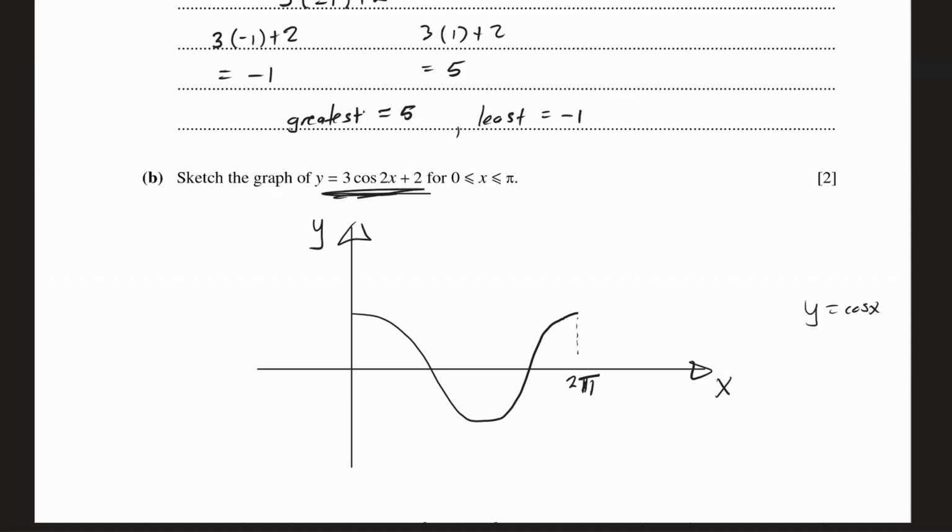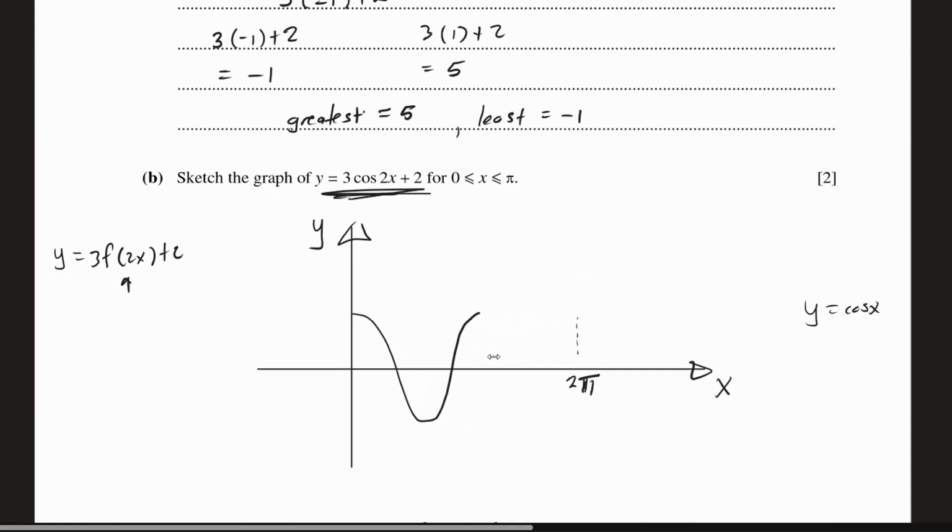But with this transformation, if you write it in function notation, it is 3 of f of 2x plus 2, where it was stretched by a factor of 2, actually a factor of a half, which means the period is now a half of 2 pi, which is pi.